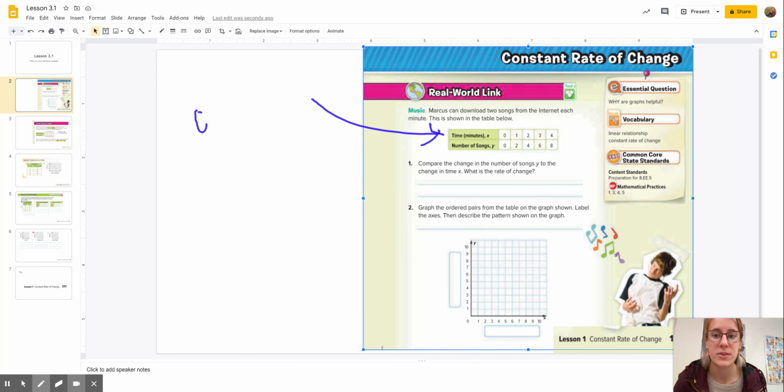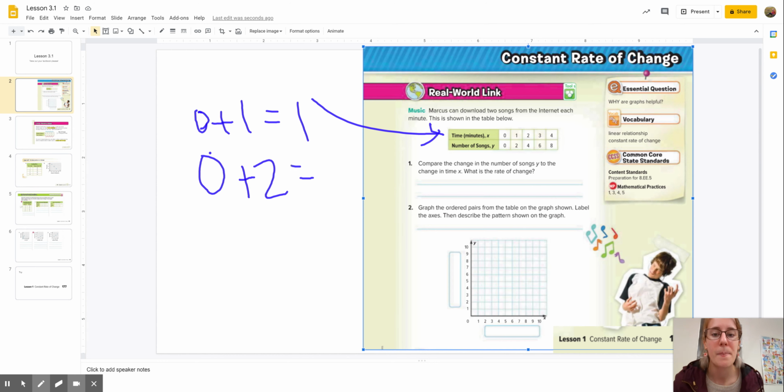To go from 0 to 1, we said plus 1. Now for the number of songs, it was from 0 to 2, and that became our 2. So from 0 to 2, we only went plus 2.